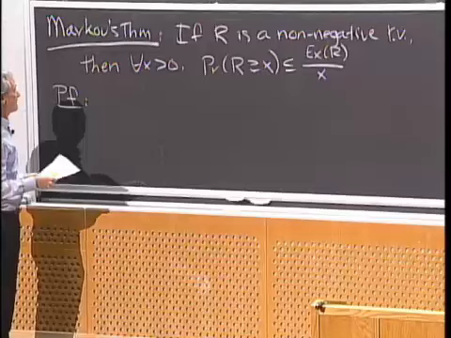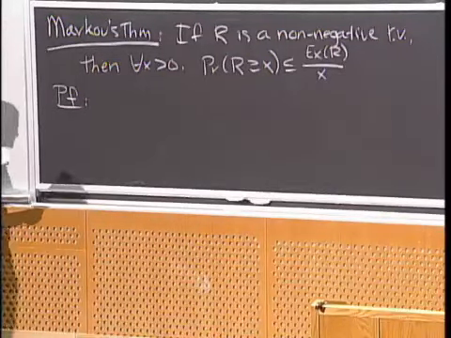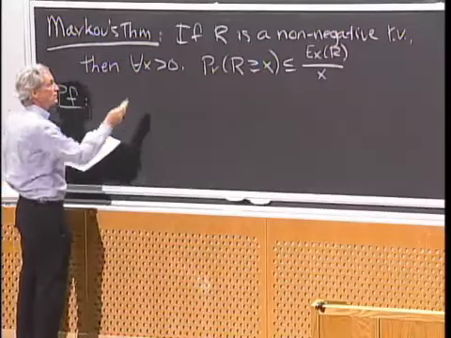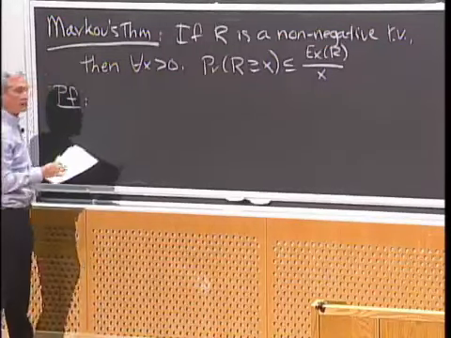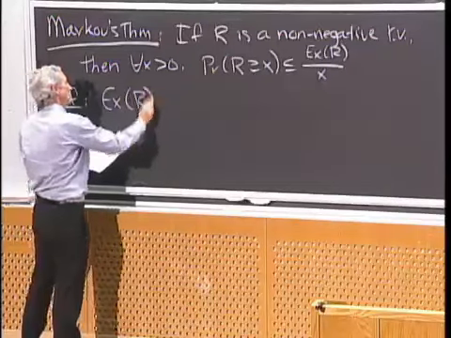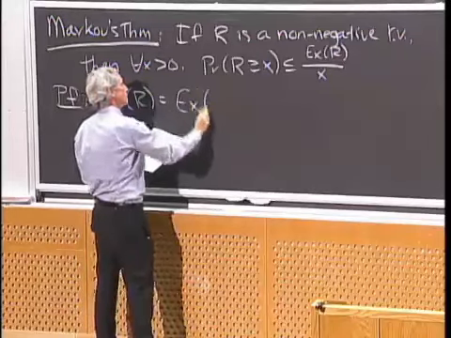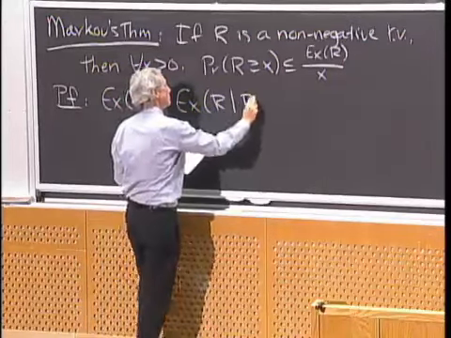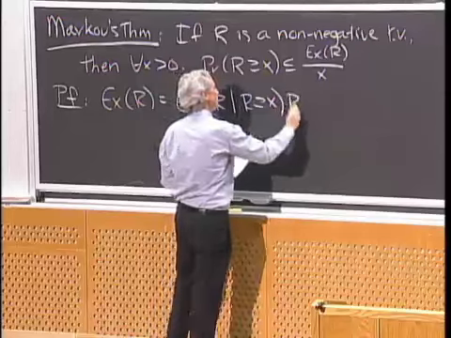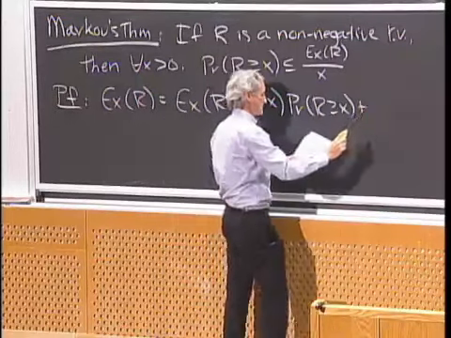Now, from the theorem of total expectation that you did in recitation last week, we can compute the expected value of R by looking at two cases. The case when R is at least x, and the case when R is less than x.